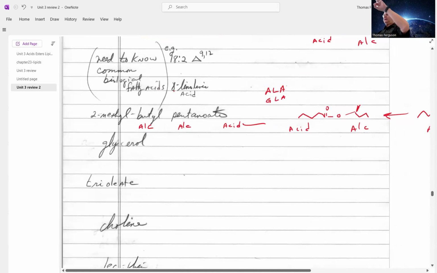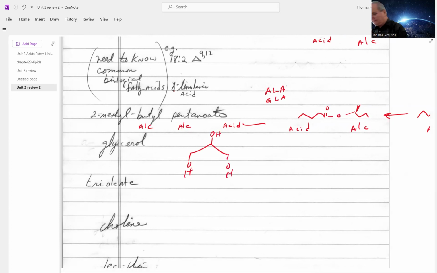Glycerol is the alcohol backbone for triglycerides and phospholipids. So that's trioleate, the name of a triglyceride with the fatty acids being 3 oleic acids. So we have the glycerol backbone.